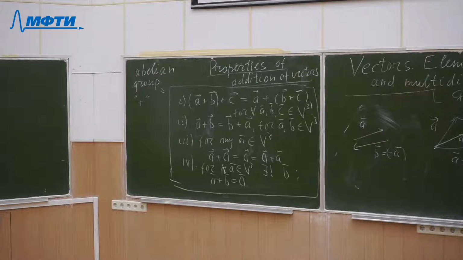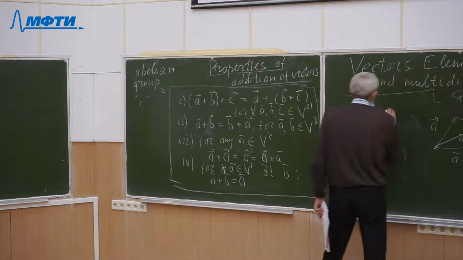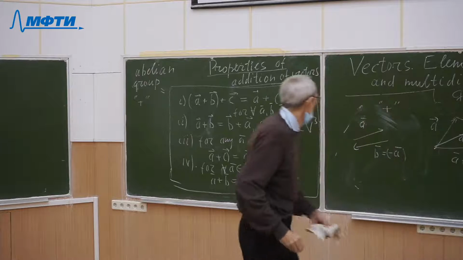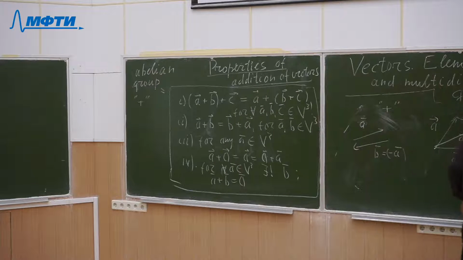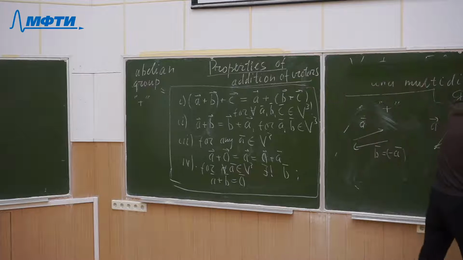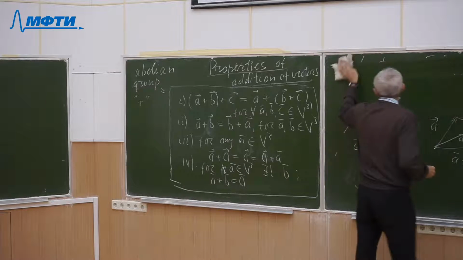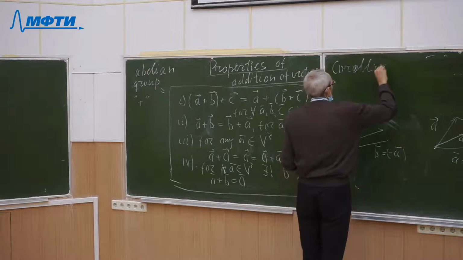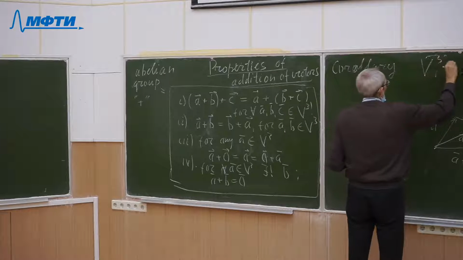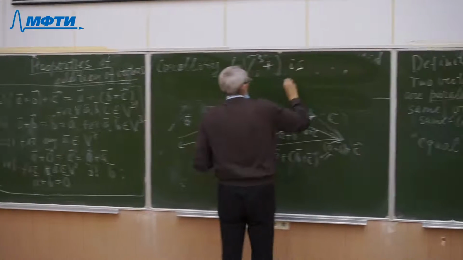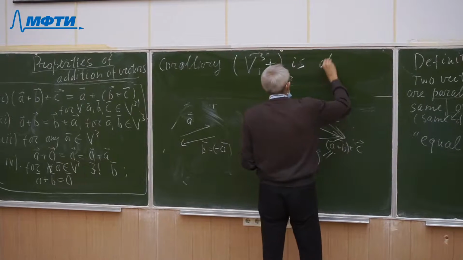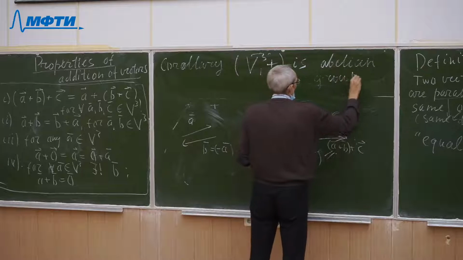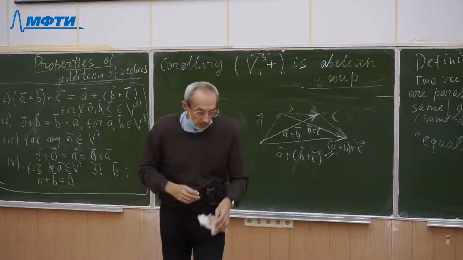So the vectors with this operation form an abelian group. Corollary: it is an abelian group.